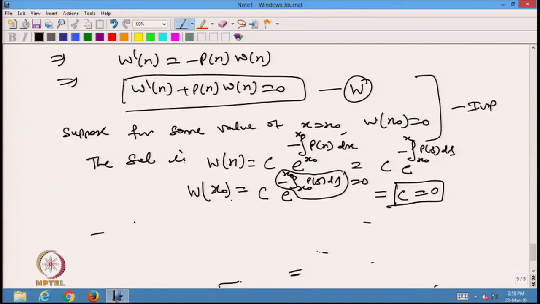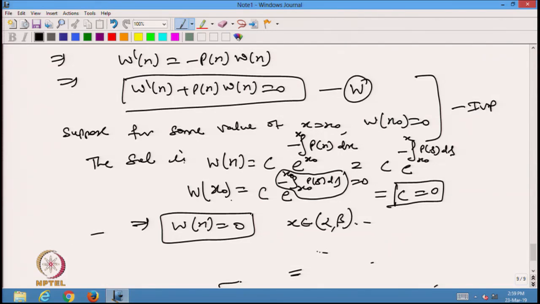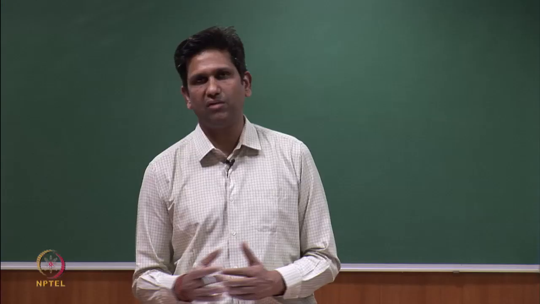So, if c is 0, from here I can say that my Wronskian is always 0 for all values of x belonging to the interval a b. So, by just putting one condition, we are able to see that our Wronskian is 0 forever. In that case I can say that the Wronskian is 0 for all values of x.